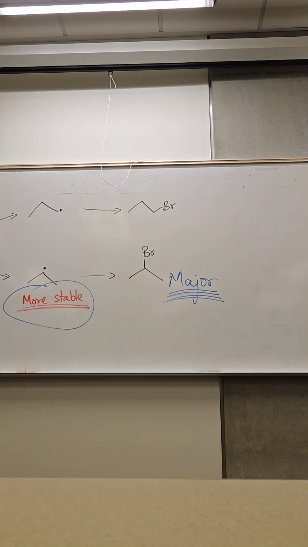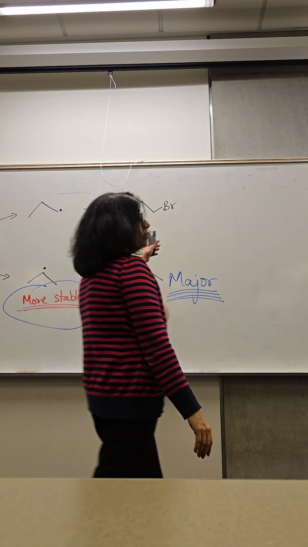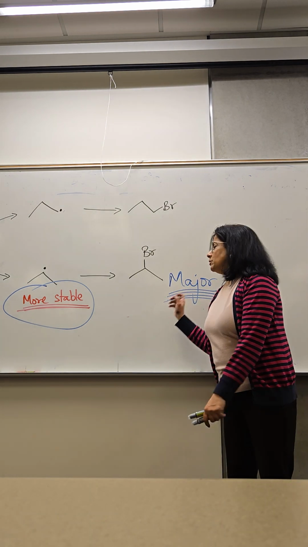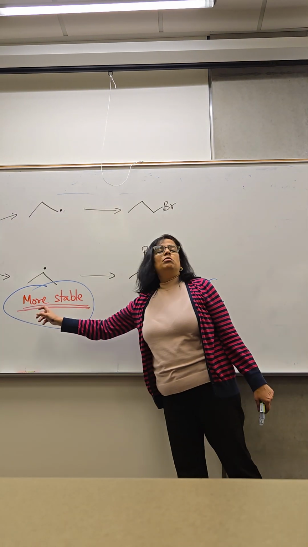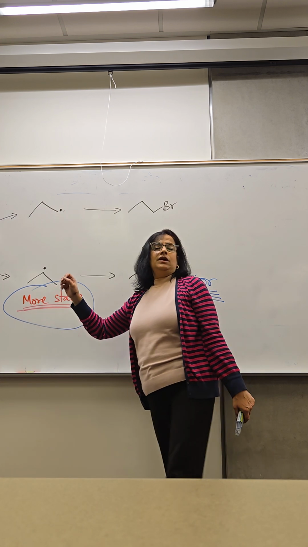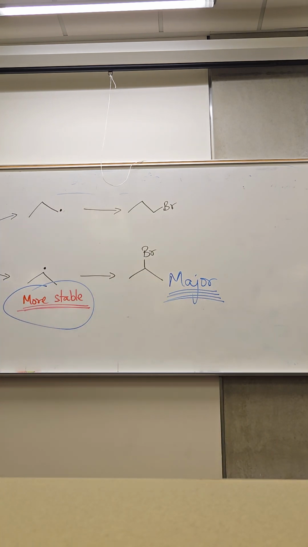Statistically speaking, things will change. But again, I don't want to talk about that more because fluorination we will not discuss. Iodination we will not discuss. We will only discuss chlorination and bromination. So, major product, at least for these 2 pathways, will come from the more stable radical. You guys with me? Everybody okay?